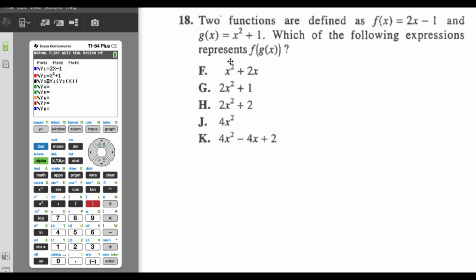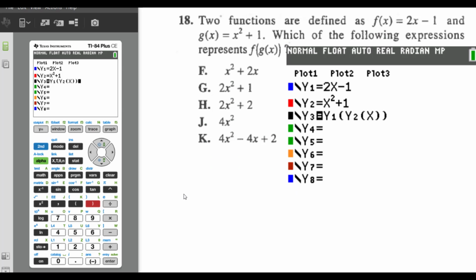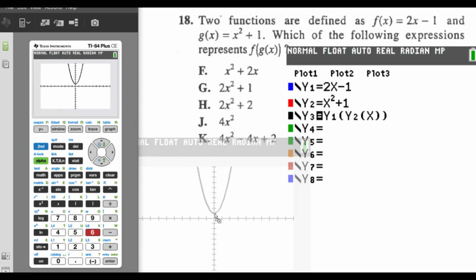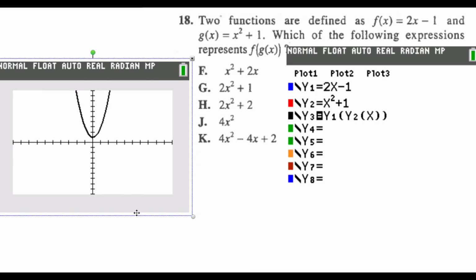So this is my f of g of x right there. Again, I'll do a zoom standard. And there's my graph of f of g of x. Looking at that graph, you can see there's a y-intercept of positive 1. The only one that has a y-intercept of positive 1 is g.